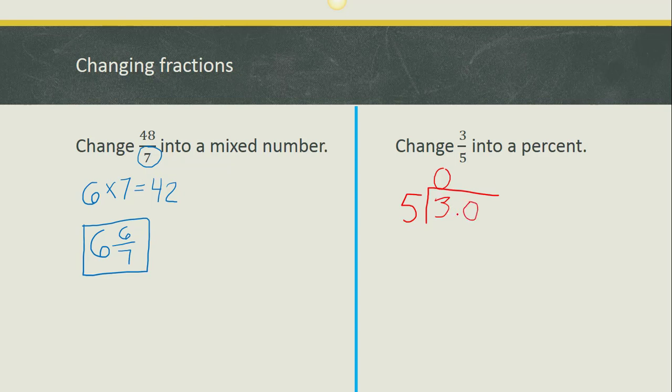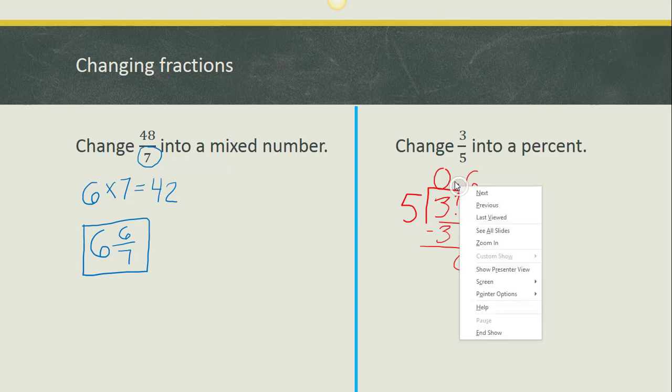Okay, now we can say, how many times does 5 go into 30? 5 goes into 30 6 times. 6 times 5 is 30. Subtract. And we're done, except we need to bring this decimal straight on up. Okay, so 3/5 is the same as 0.6 as a decimal.